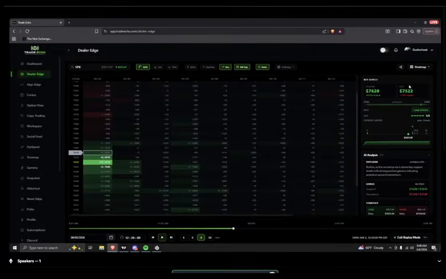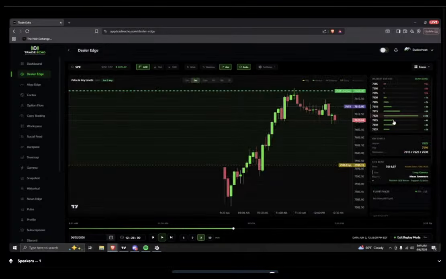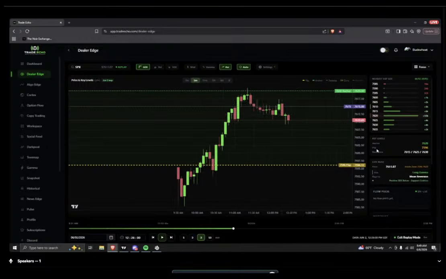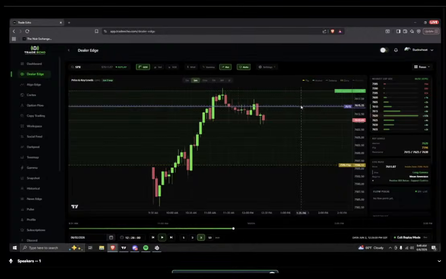We have the flip zone, where the market regime can change. Then we also have the defense ladder, showing us where price may stall, reject, or even bounce. You can see right here it stalled a little bit.